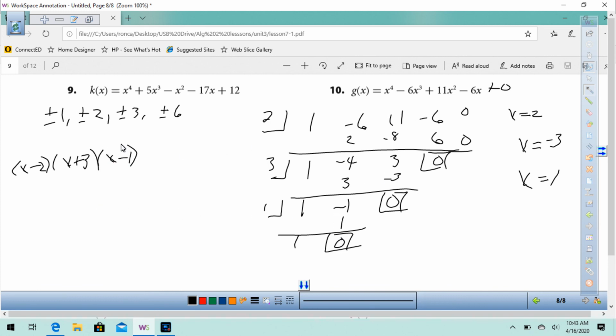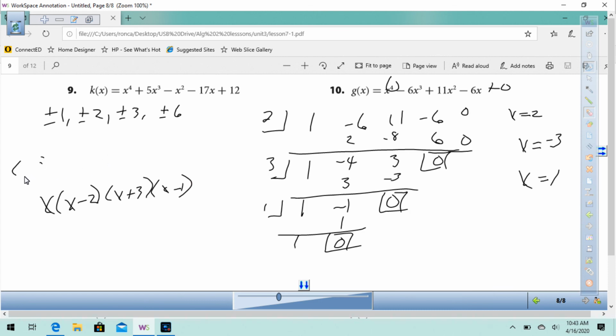Now, the problem with that is we've got 3 here and there's a 4 there, right? Okay, and the only way to get that is just to multiply. So it's x times x minus 2 times x plus 3 times x minus 1. Okay, and there's your answer.